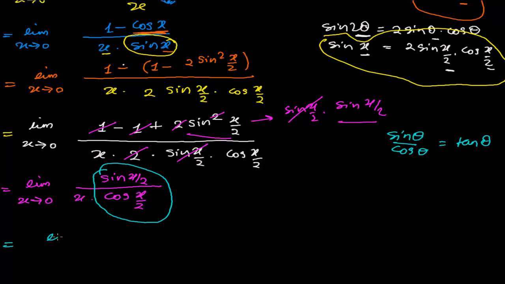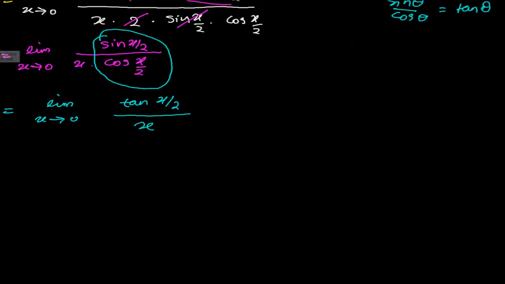Now see here, limit when x tends to 0. Sine x by 2 over cos x by 2 is tan x by 2, and then whole divided by the one x left here, so I'm writing x. Now, from many videos we are writing this formula that I'm going to use here: limit, when angle tends to 0, tan of the angle over the angle is equal to 1.